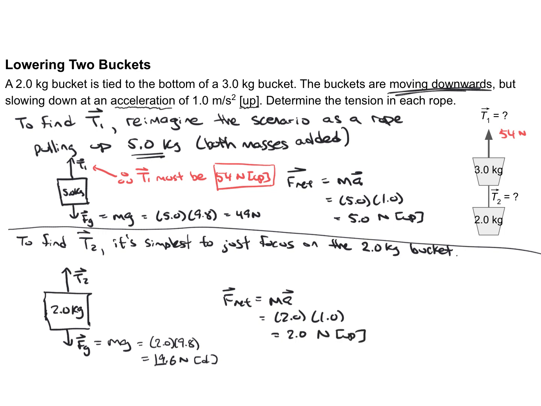So my upwards force must be 2 newtons larger than 19.6. So that would be 21.6. And that's only good to 2 significant digits. All right, so there you have it.